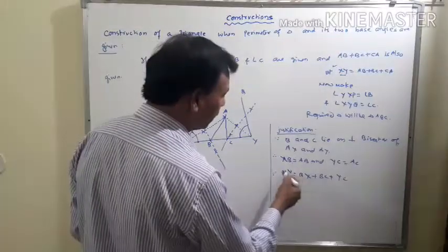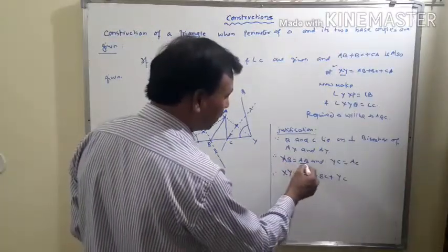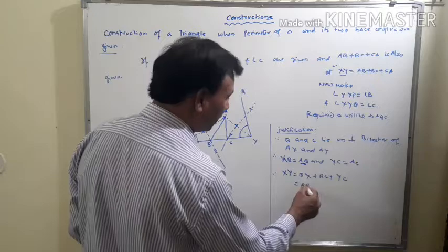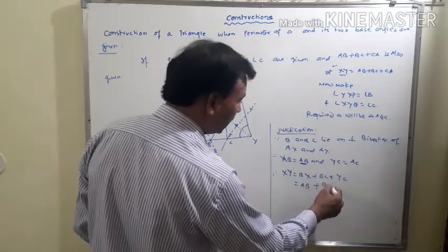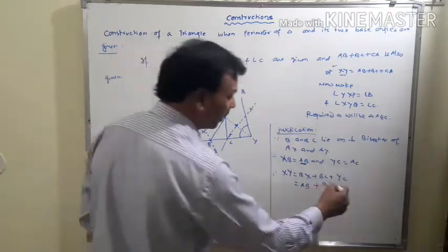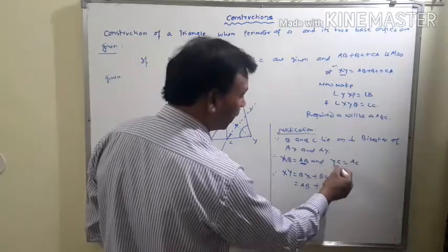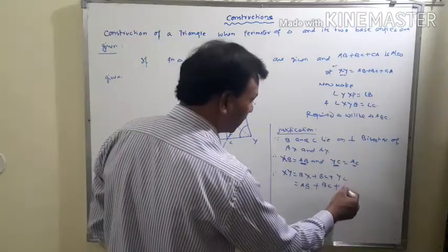Since BX equal to AB, write AB plus BC plus YC replaced by AC.